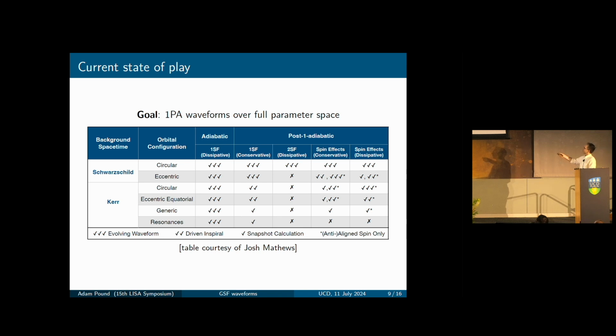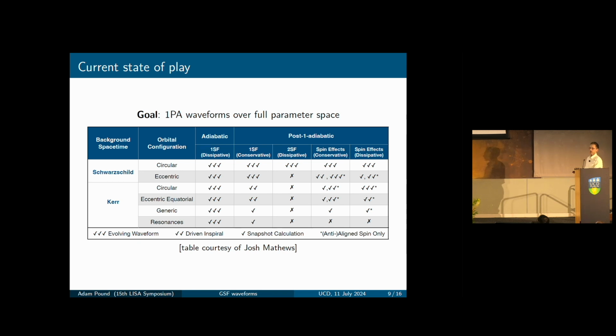The basic idea is we want to fill all of these boxes with 3 check marks. When we do that, we will have generic, inclined, eccentric, precessing orbits and waveforms around a Kerr black hole. We will have orbital resonances. We will have secondary spin. We'll have everything. So we have covered a lot of this parameter space, but you see a whole lot of X's in some places, so we still have a lot of work to do.